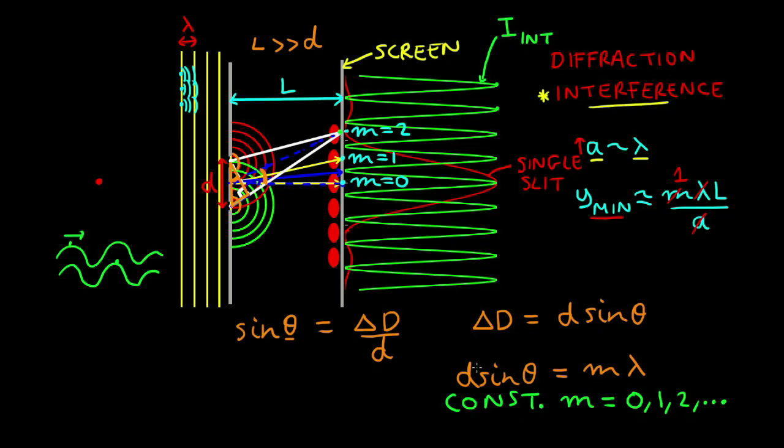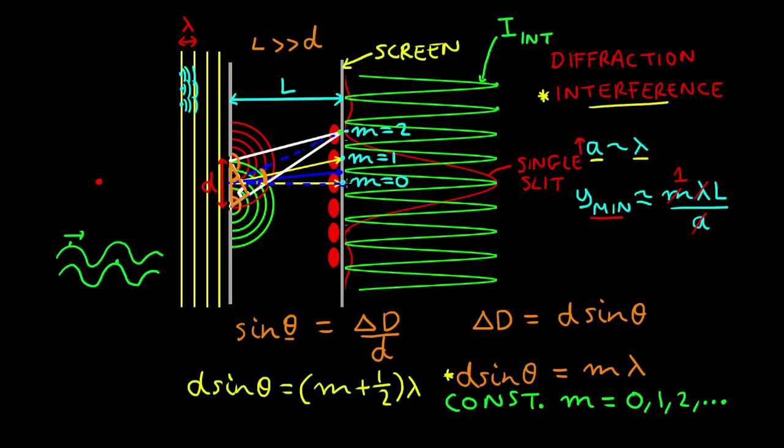And for destructive interference, we can rewrite this equation as d sine theta equal to m plus a half times lambda, where m is a positive integer.